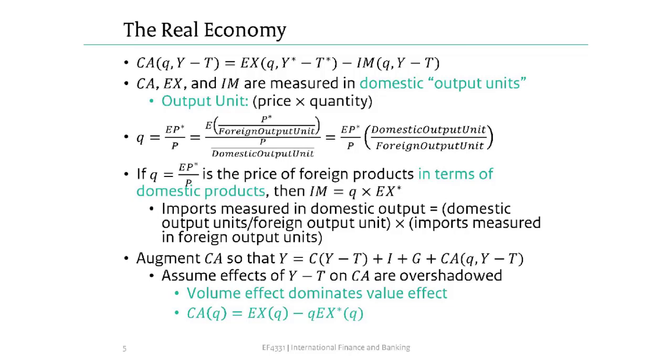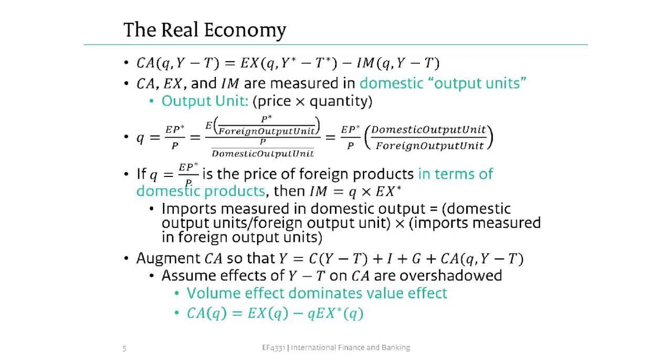S minus I. Total savings, which includes savings abroad, minus domestic investments. This lecture, we will focus on the real side of the interpretation of CA. So the CA now is going to be approximately equal to EX minus imports, right? This equation, burn it into your brain, all right?